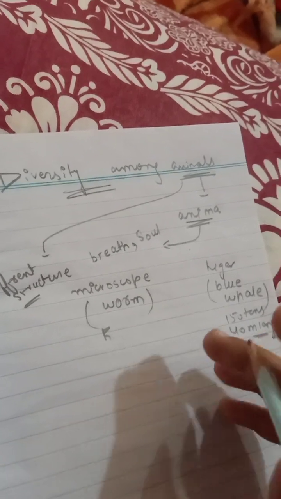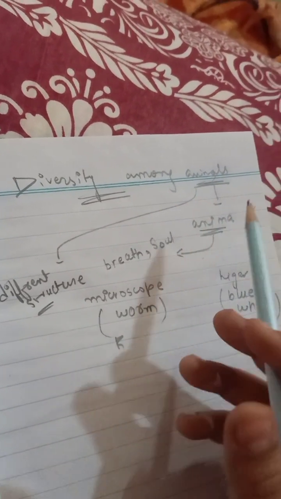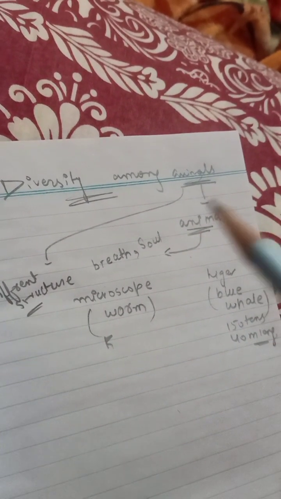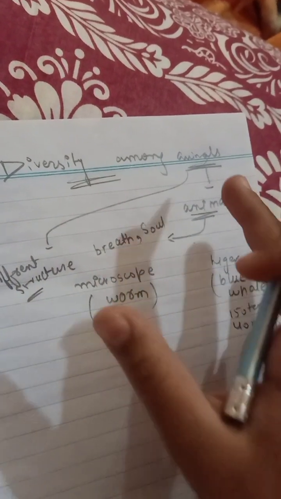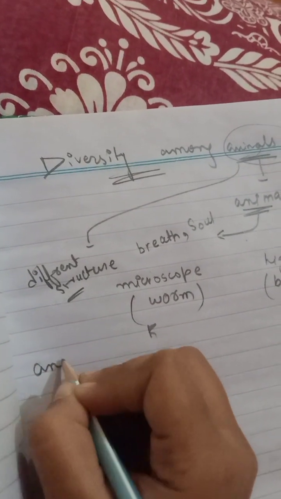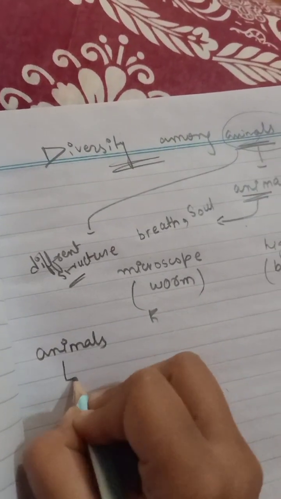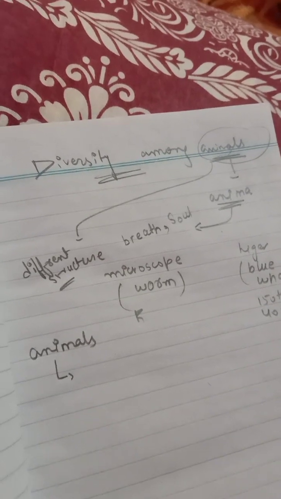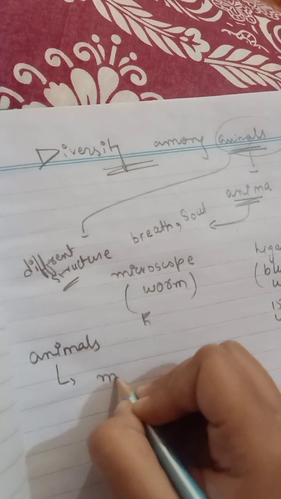Okay, so if we talk about animals, it is basically very hard to distinguish them. There are many characteristics of animals from which you can understand what an animal is. Among animals you can take our example, human beings, and the mammals and the reptiles we have. Animals are multicellular.